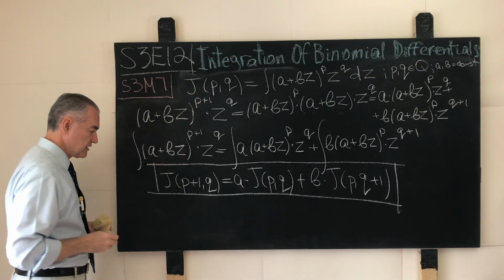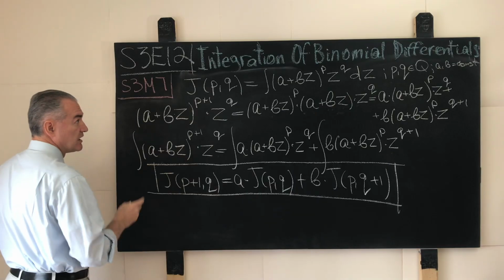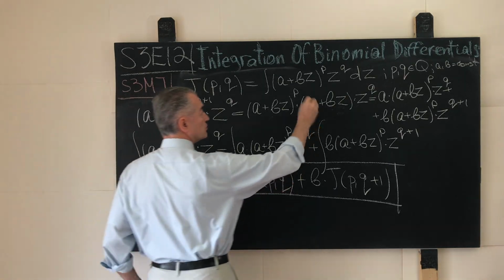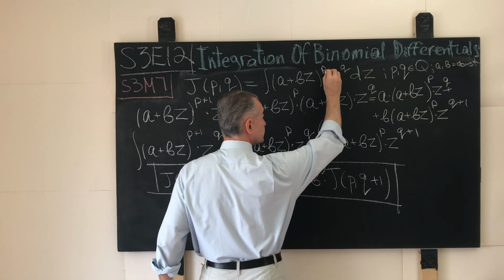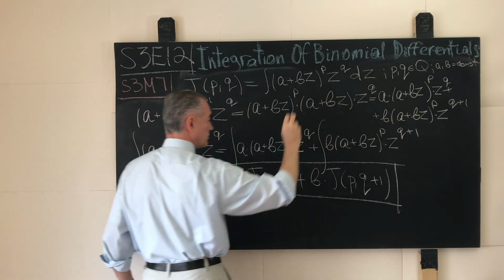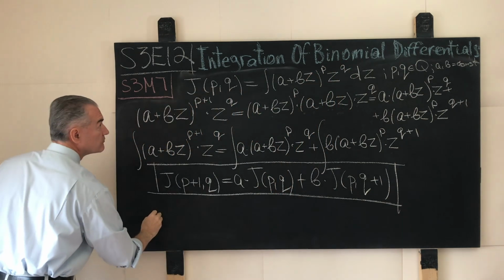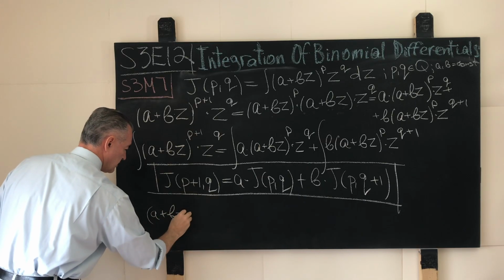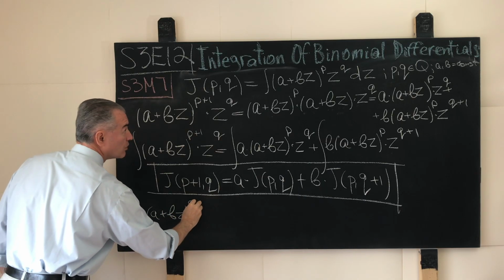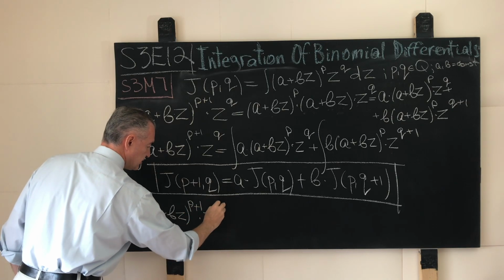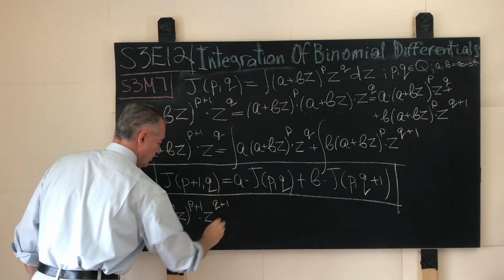And now what is the next idea? Well, the next idea is to do the following. Here, for the second equation, we want to take our integrand again, but this time we want to bump up both powers, p and q, by 1. So we write (a plus b z) raised to the power of p plus 1 times z raised to the power of q plus 1.